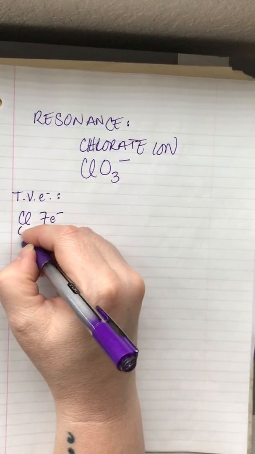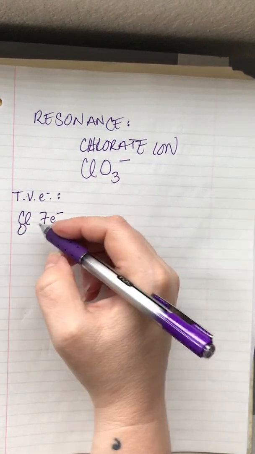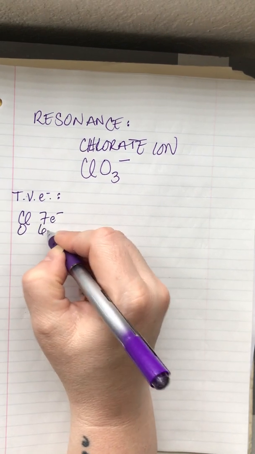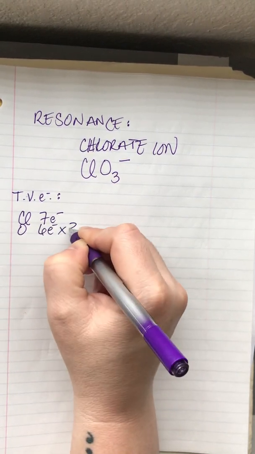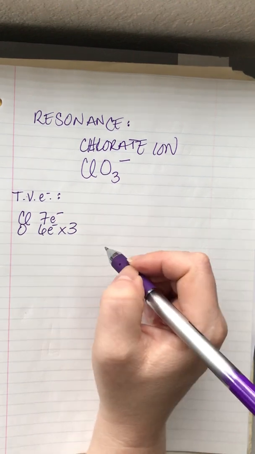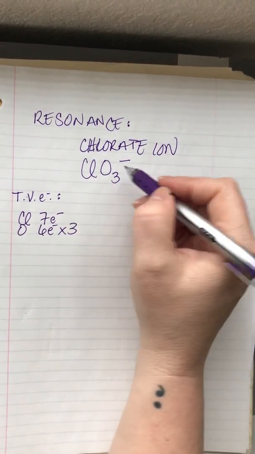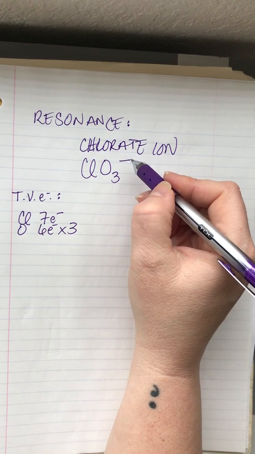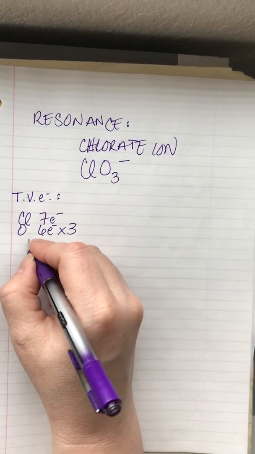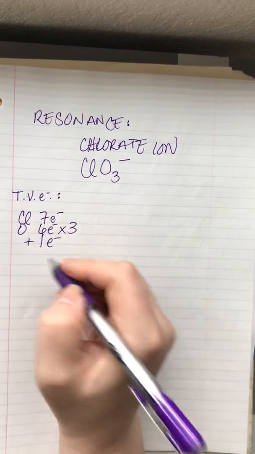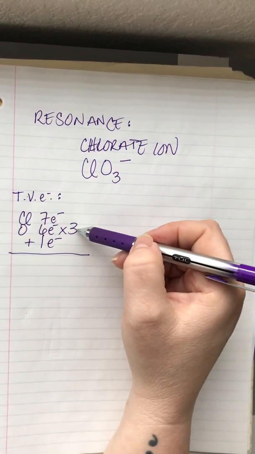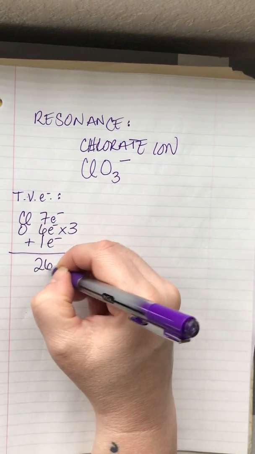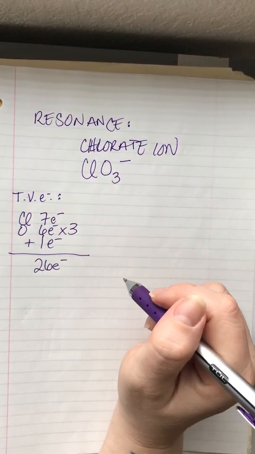And oxygen comes to the table with 6 individually, and there are 3 of them, so 18 total. And then the negative charge means that we need to add 1 extra electron. So we have 18 plus 8 gives us 26 electrons total.